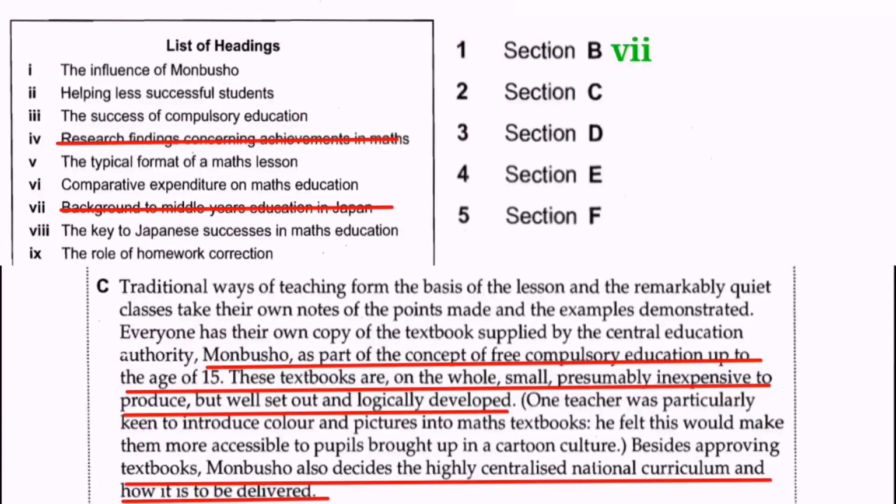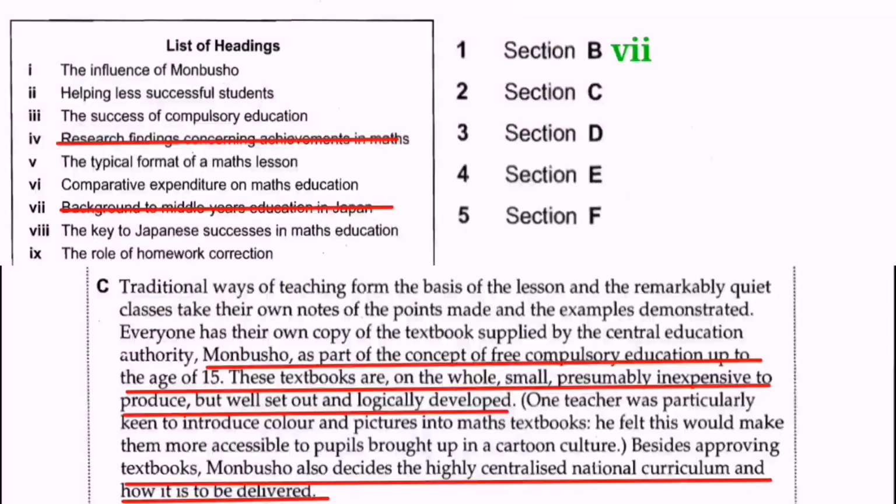So in the section C, we have read about Monbusho, that under the system of Monbusho, the books which are published are small, not very expensive and well compiled on logical basis. And then we have also read that Monbusho decides for national curriculum and it also gives instructions that how the syllabus should be taught. So section C is about the influence or effects of Monbusho.